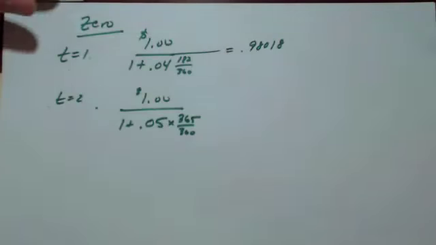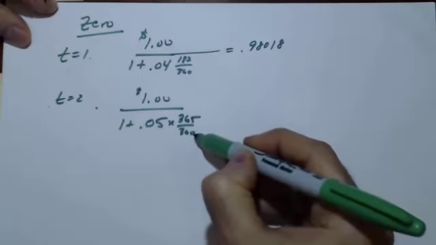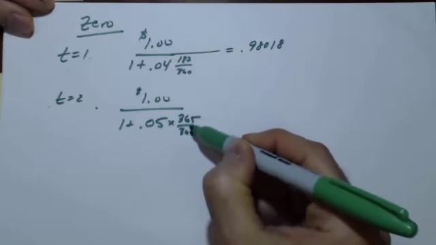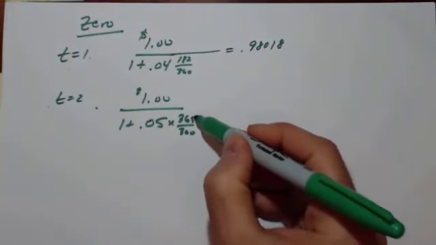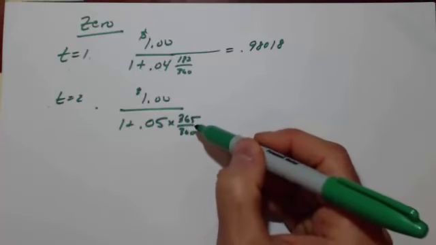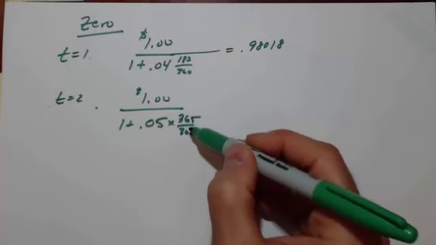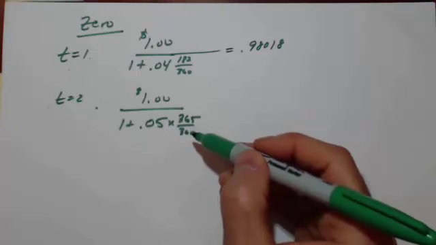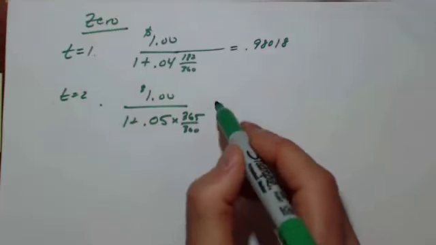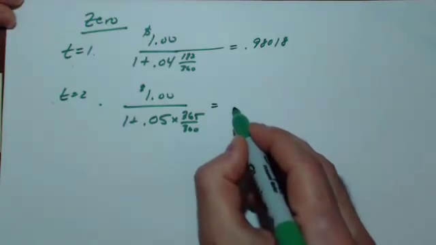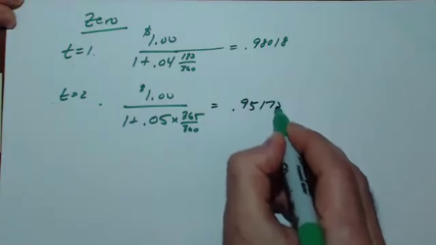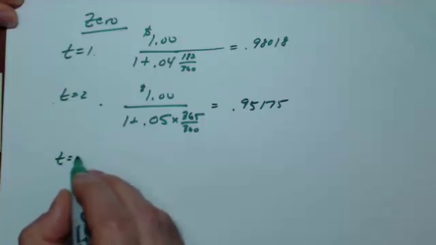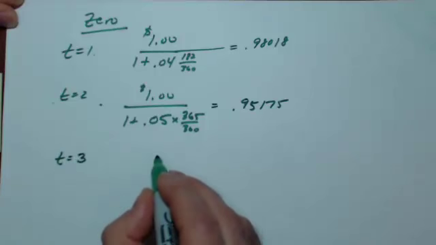Okay, and that's 365 divided by 360, is basically a year. And again, get used to the convention. This is LIBOR convention, which uses 360 as a year by convention. This will come out to be 0.95175, and then t equals 3.